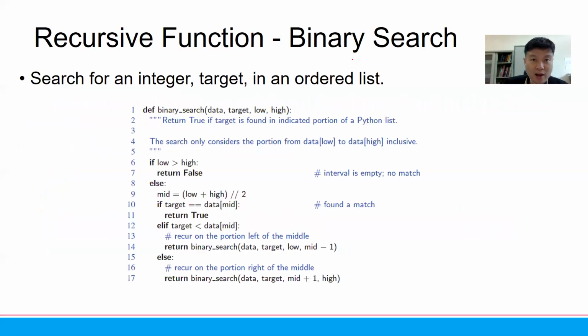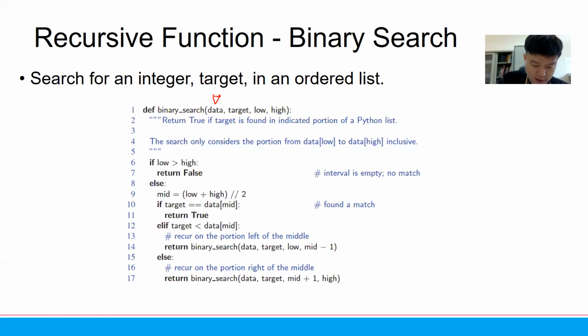If you are using a recursive function, it might take fewer than 11 operations. Why? Let's see. Let's search for the integer target in the list. So you already have the list, and I would like to do a binary search. This is the function that I will create, and the data is a list.